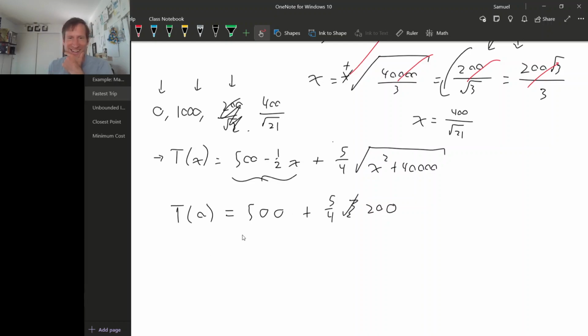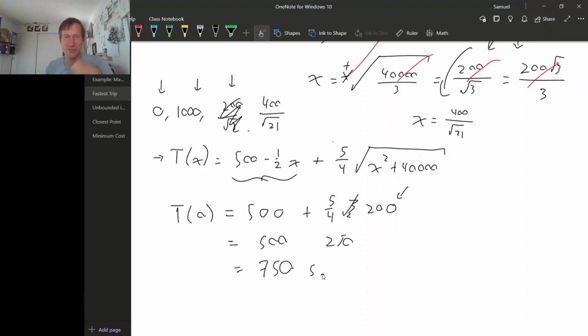Right, okay. Lost confidence for a second there. But I think this is right. Yeah. Okay. 0 is when we're walking most of the way and then swimming the 200 meters. Yes, okay, so this is right. So 500 plus, let's see, 200 over 4 is 50 times 5 is 250. So 500 plus 250, 750.